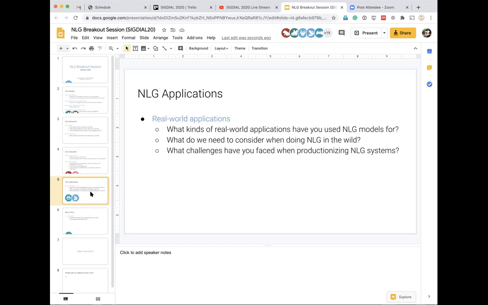I guess I got a small comment. Again, this is not really related to task-oriented stuff, but the open domain stuff. When we've been trying to productionalize our response generation models, one big thing was latency, of course. That's something that everyone has to deal with. Users may get frustrated if the model takes a very long time.